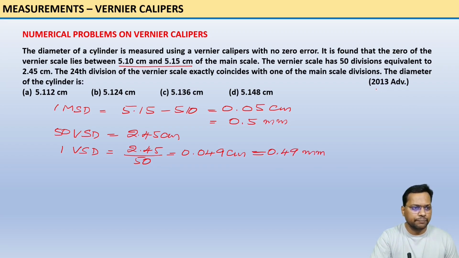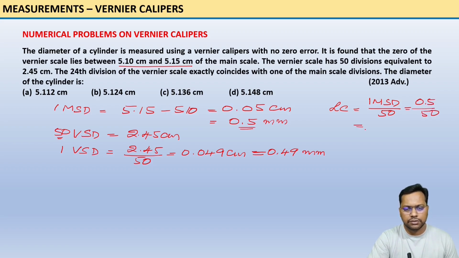Next we see, since we know what is 1 MSD and the number of Vernier scale divisions 50, I think we can also find out the least count the other way, that is least count is equal to 1 MSD divided by the number of Vernier scale divisions, that is 50. So that is equal to 0.5 divided by 50. So that is equal to 0.01 millimeters.